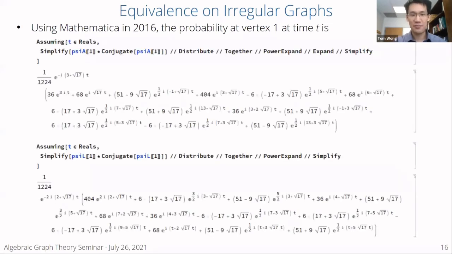And this is what I got from Mathematica. So this is the probability at vertex 1 using the adjacency quantum walk, and this is the probability using the Laplacian quantum walk, again at vertex 1. And so for the walks to be equivalent, these two expressions should be equal to each other. And if the walks are actually different, then these two expressions should be different.